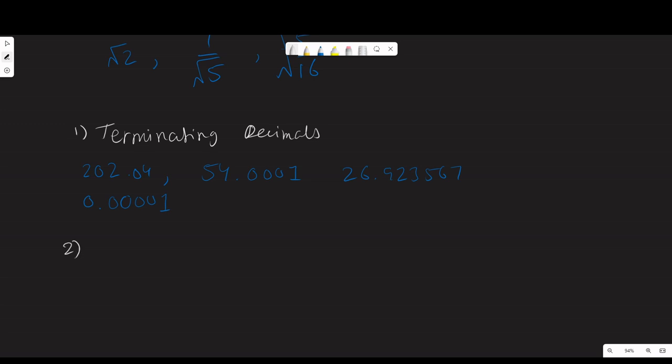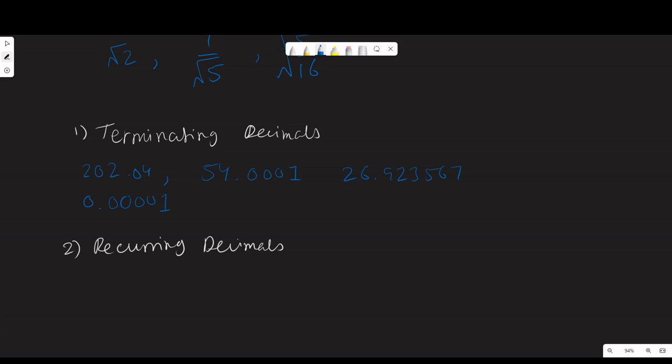The second thing we are going to discuss are recurring decimals. And these again are another type of rational numbers. In general, a recurring or periodic decimal is a decimal in which one or more digits repeat indefinitely. These can actually be converted into common fractions, and I will show you that too in a moment.